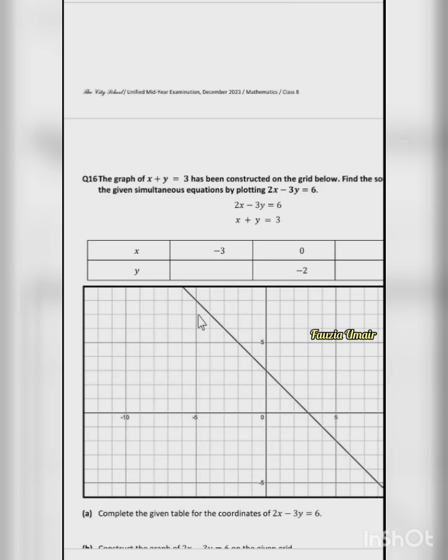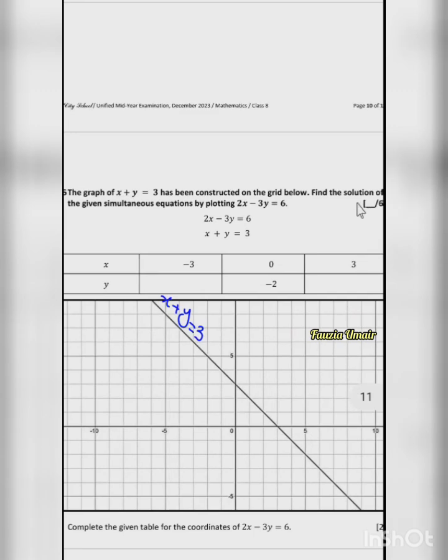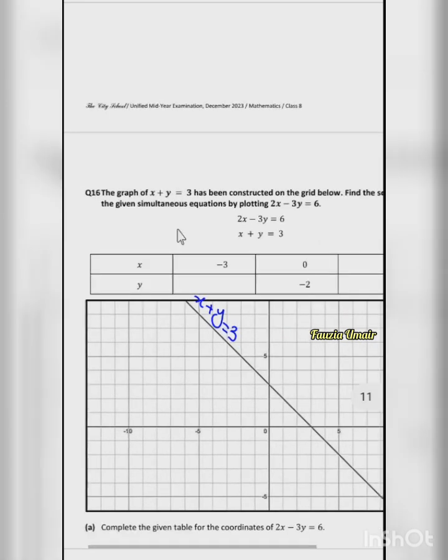This line is already plotted, so you don't have to draw it again. Find the solution of the given simultaneous equations by plotting the other line. You need to plot the second line and find the solution point.